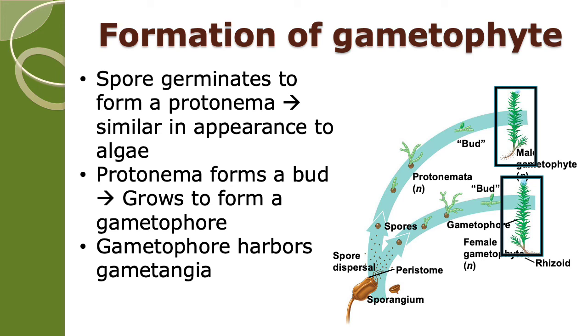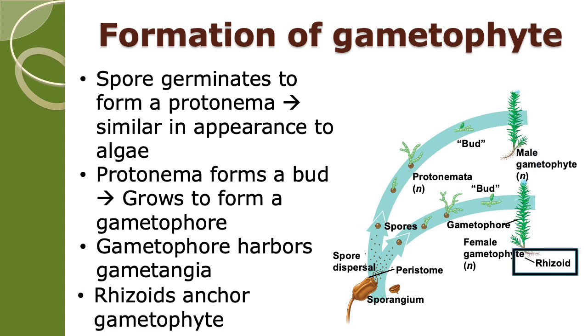In the gametophore, you are going to have the gametangia, which are organs that make the male and female gametes. All the different gametophores together form the gametophyte. Now this gametophyte needs to be anchored, and hence rhizoids allow the gametophyte to anchor to the ground.